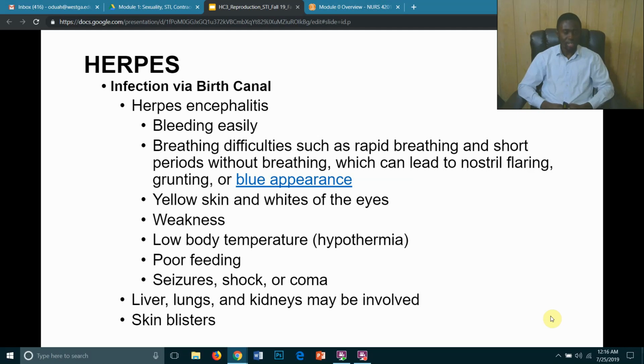And poor feeding. They may also have seizure, shock, or even coma. Liver, lungs, and kidneys may also be involved, so this child can have an acute liver or kidney failure. And they may also have blisters in the skin. So these are some of the assessment findings that you see in a child who has acquired herpes from the mother.